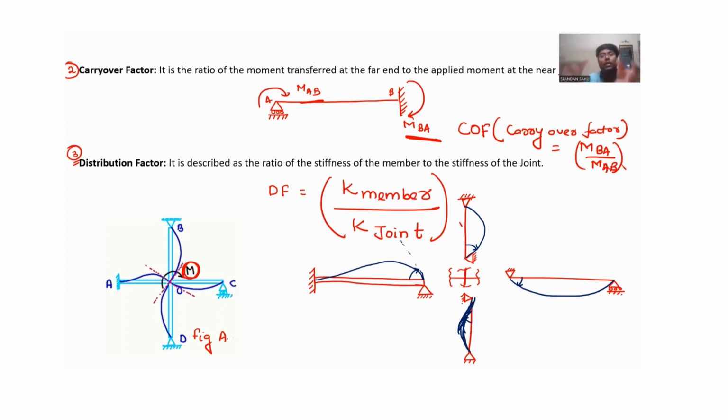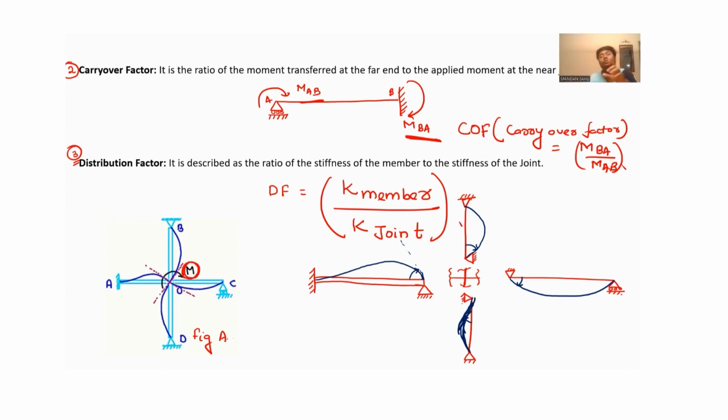So if E and I of a beam is more, that will attract more movement. It will say, give me more movement so that I can give you the required amount of rotation you need. If you don't give me that amount of movement, then I won't do the work for you. That is the thing going on.